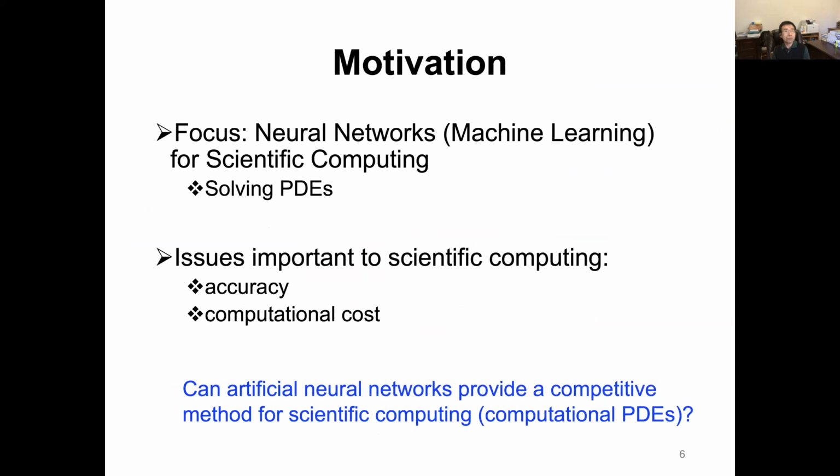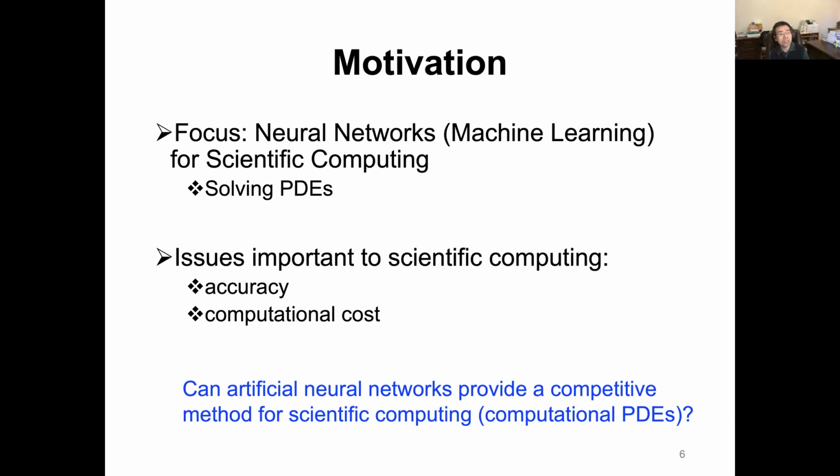So in this talk, we'll focus on neural networks for scientific computing, mainly for solving partial differential equations. Scientific computing has its own characteristics, which are not necessarily emphasized in other fields like image processing. So for example, accuracy and computational cost are very important properties of computational algorithms.